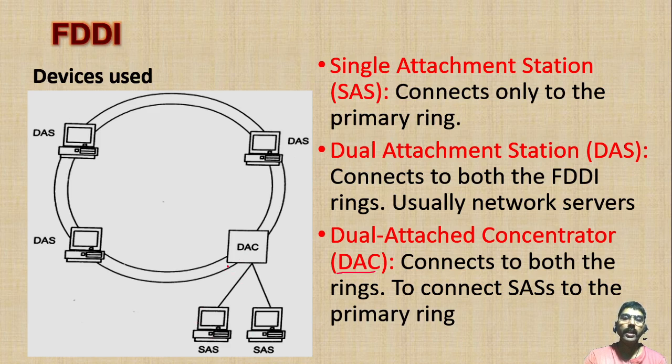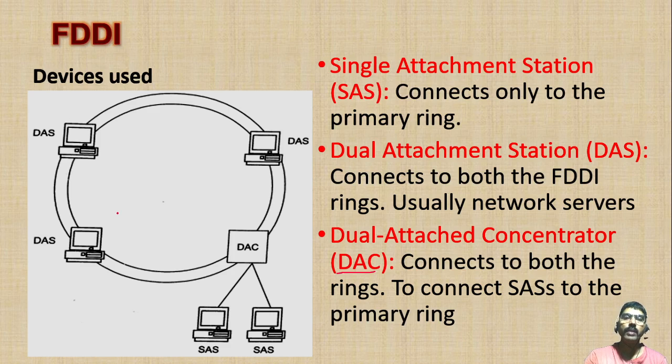It is directly connected to the primary ring. So if any failure occurs in a SAS device, it does not affect any ring. So we can easily switch on or switch off this type of device in the ring.